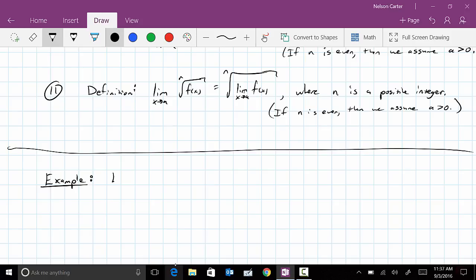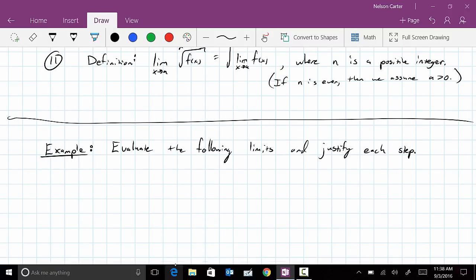Evaluate the following limits and justify each step. So that's an important component of an example like this. You have to say why you're doing which thing, from which law, like which law allows you to do that. So here's the first example.